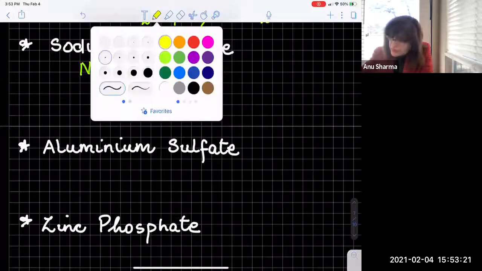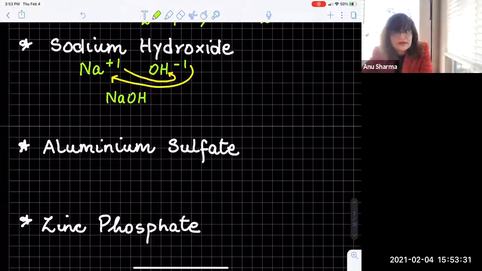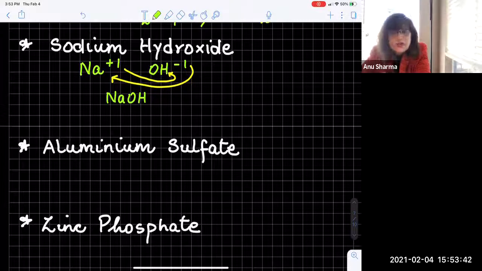So this gives you NaOH. All of this is 1, and for 1 we don't write it. So this is sodium hydroxide, and sodium is in group 1A, so it's not a variable valence state either.